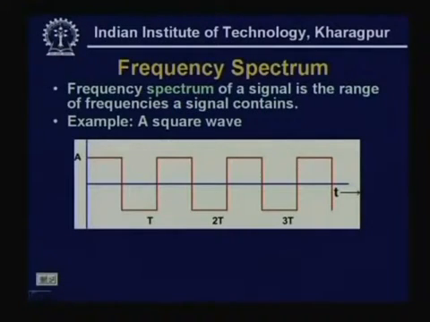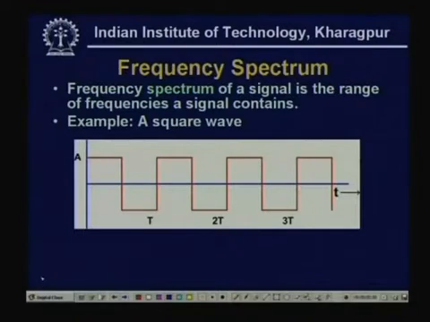The frequency spectrum of a signal is the range of frequencies a signal contains. For example, here is a square wave, and this square wave has time period t and frequency f. Here f is equal to 1 by t.